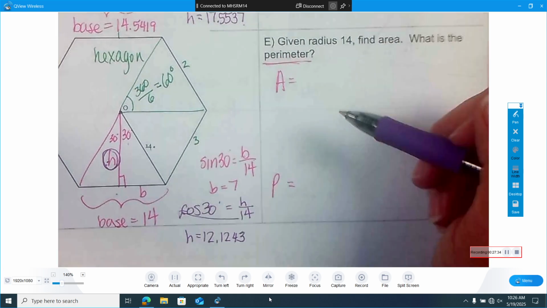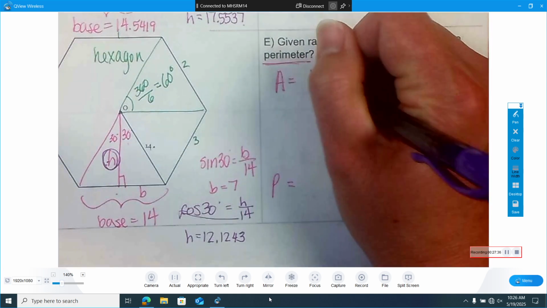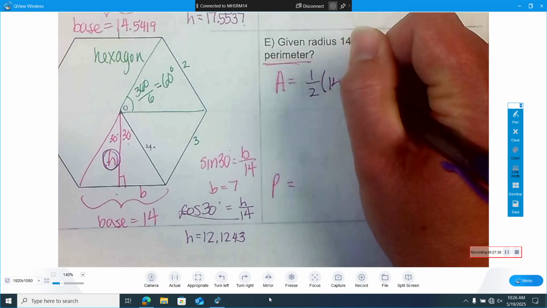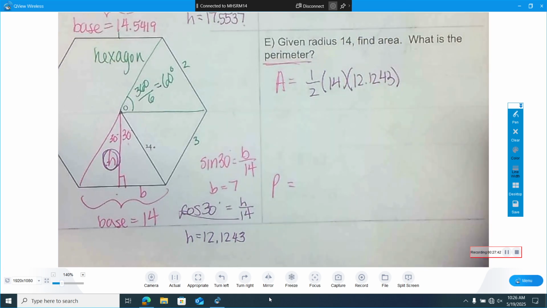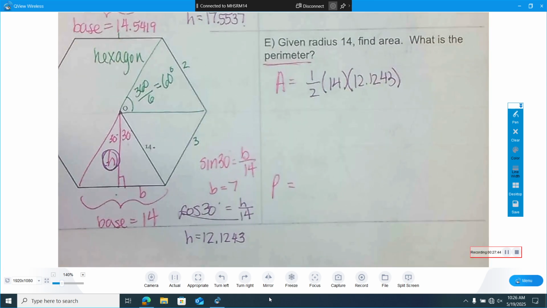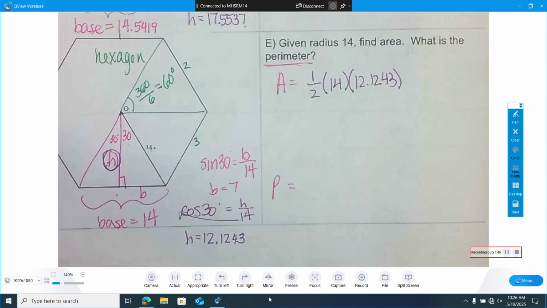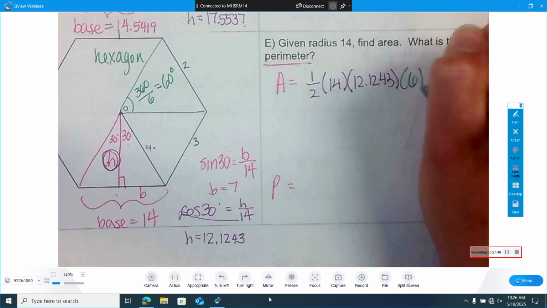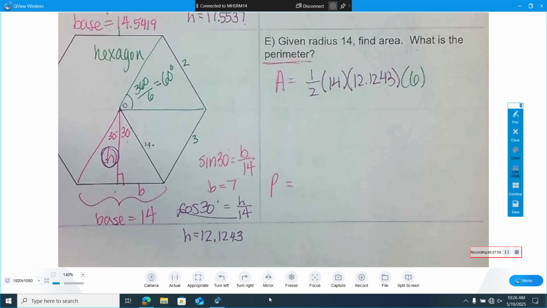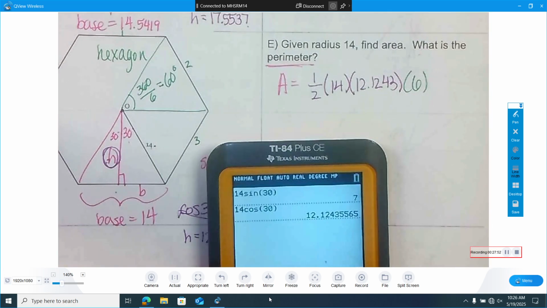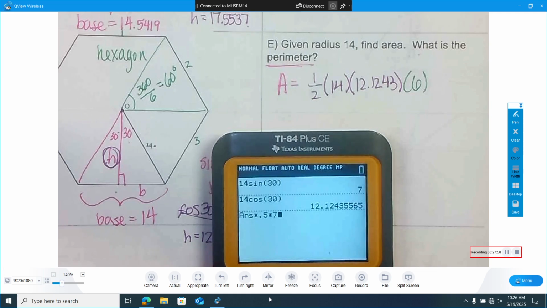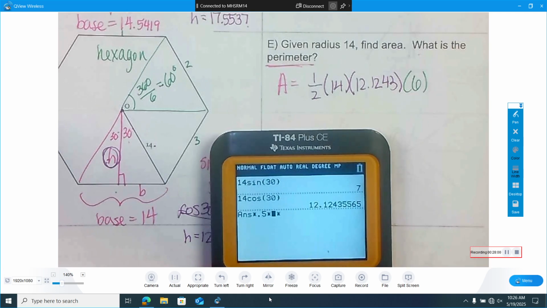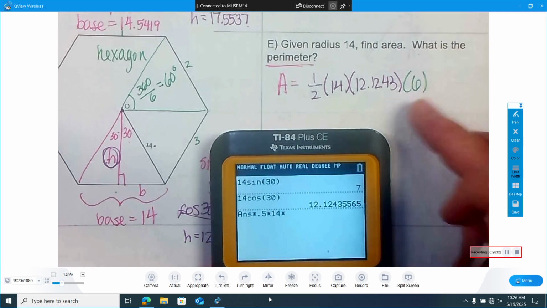Okay, so to find the area, I need the area of my triangle, so 1/2 the base times the height, and then times the number of triangles. And how many triangles do we have? 6. All right. So I'm going to take my 12.1243, multiply it by 1/2, multiply by 14, and multiply by 6.